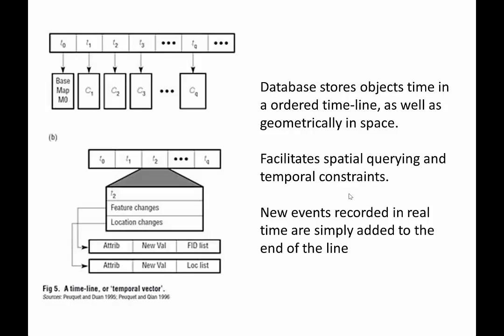Time-based models, I hadn't even thought about this till I read this Perkett paper the other day. Basically, you have a special line. So not only do you register your data in space in your spatial layers, you also reference these objects along a specific timeline in your database.